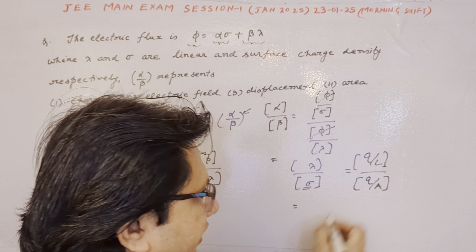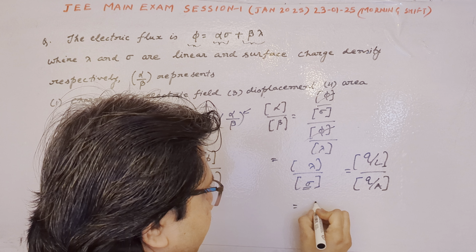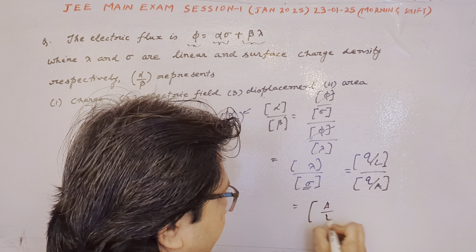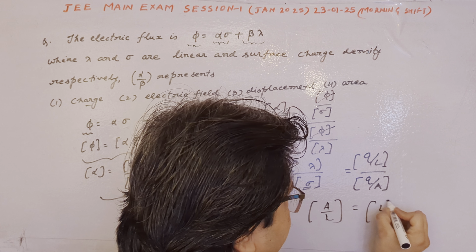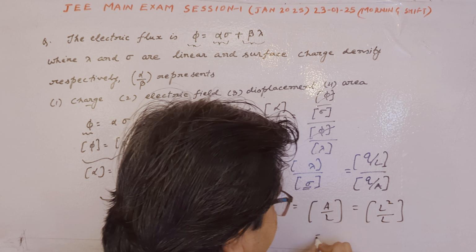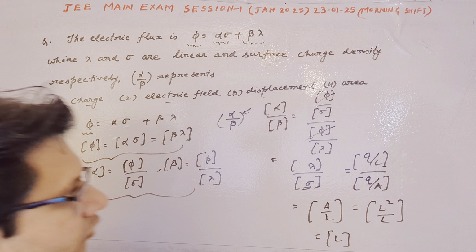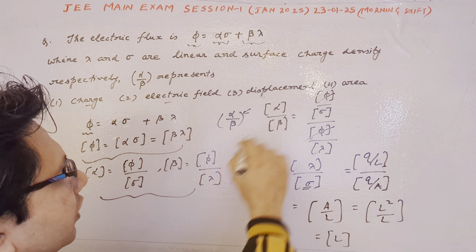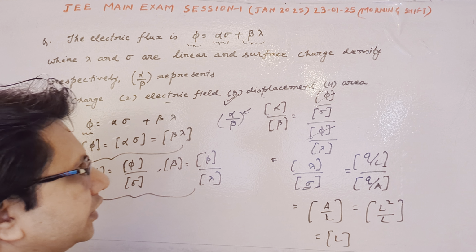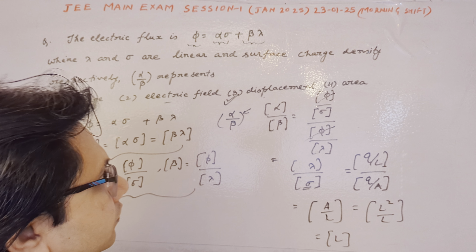In this way q cancels, and we get the dimension of a upon l. Area is L square, so L square upon L comes out to be L, which is the dimension of displacement. So out of these four quantities, the third option is correct, displacement.